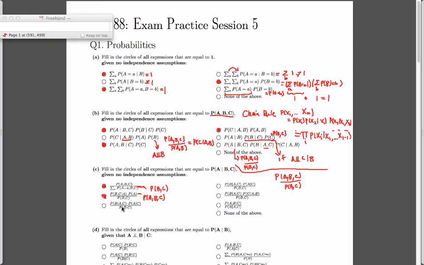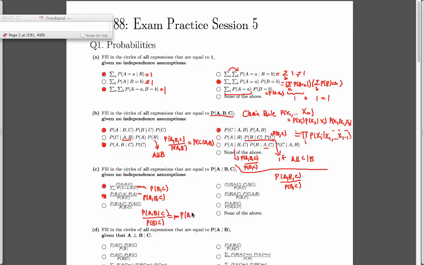All right, next let's look at this third option. So we have the probability of B given A and C times the probability of A given C. So the numerator is the probability of A and B conditioned on C, and we know that just from the product rule, because we have B given A times the probability of A, and all of it's conditioned on C. And in the denominator, we have the probability of B given C. When we divide this out, both of them are conditioned on C, so our result will also be conditioned on C. But when we divide out the probability of A and B divided by probability of B, we now condition on B as well.